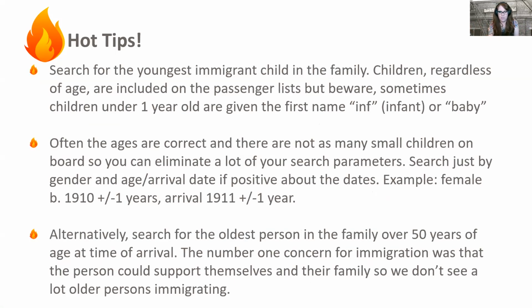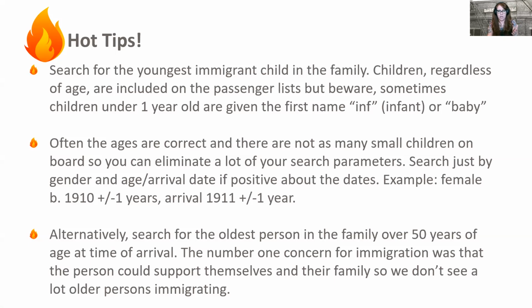And I really want to go over this too. I know I'm trying not to go over the tips too much, but children: if the family has a small child that's coming with them, look for the youngest child in the family, because there are not as many little children on board. So you're not going to get a lot of results.